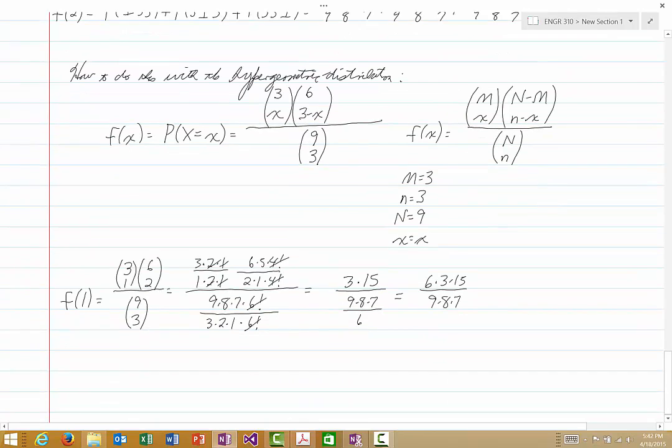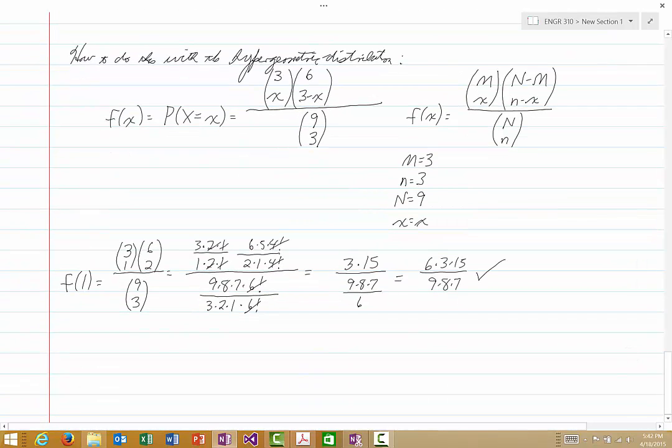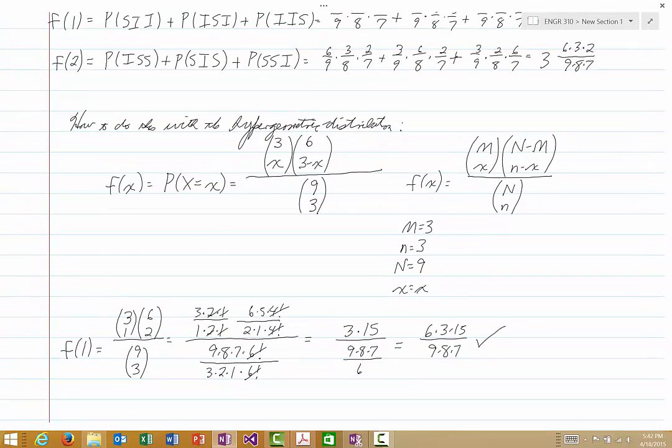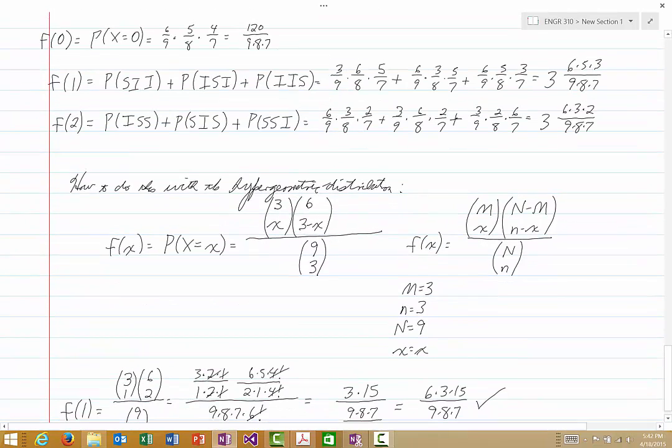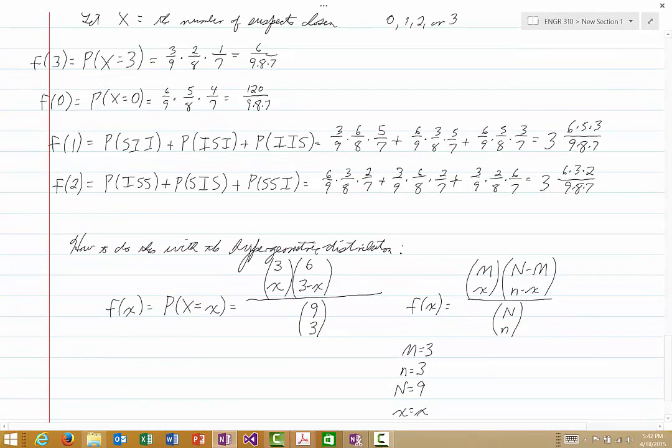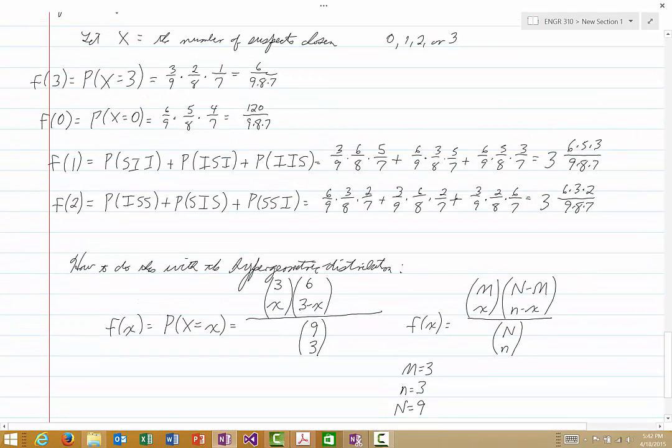So indeed, using the hypergeometric formula, we are obtaining exactly the same value for f of 1 as we did using our previously learned techniques. But the advantage of the hypergeometric formula is that it gives us a formula that will calculate all of these in one compact form, rather than having to calculate each one separately. So that's an example of the use of the hypergeometric distribution.